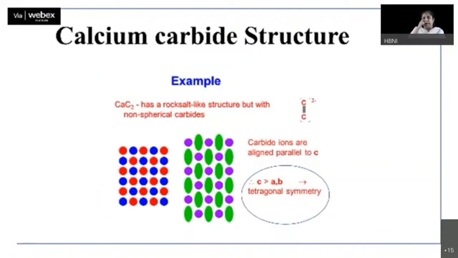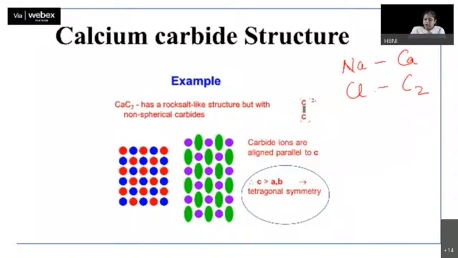Now, calcium carbide structure. I have taken this particular example because the calcium carbide structure is exactly similar to the sodium chloride structure. In place of sodium you have calcium, and in place of chlorine you have carbide ion.